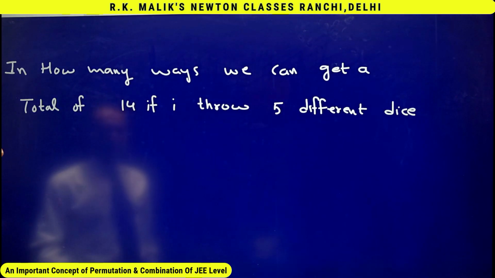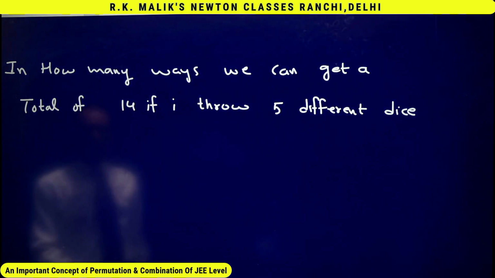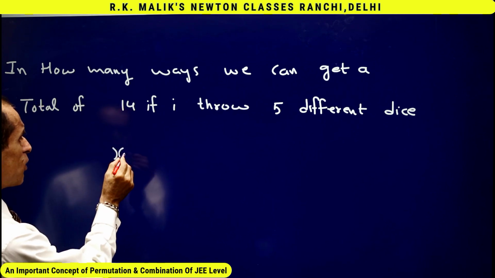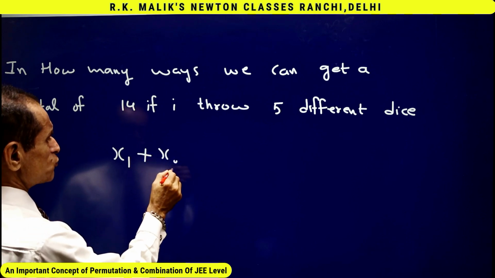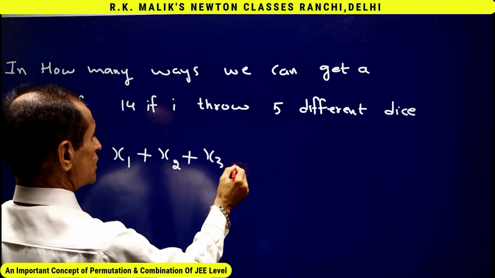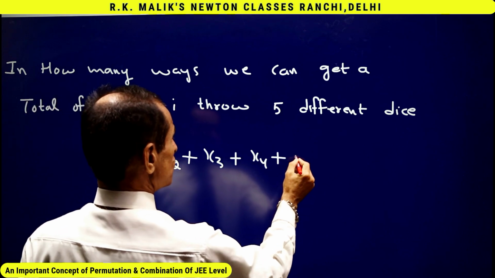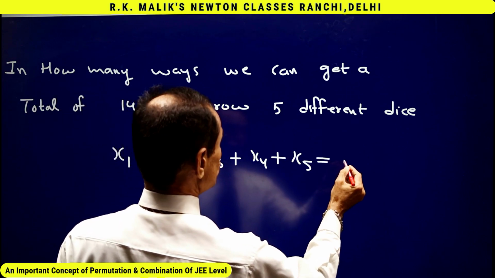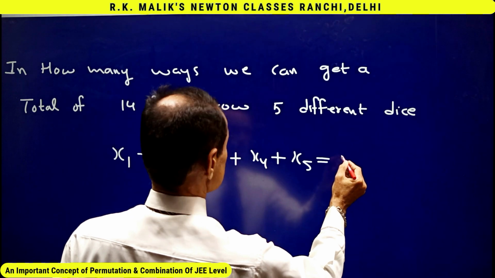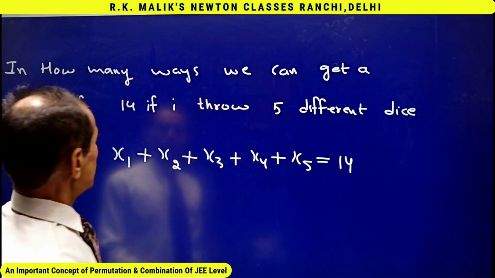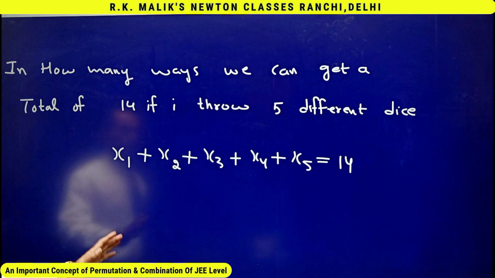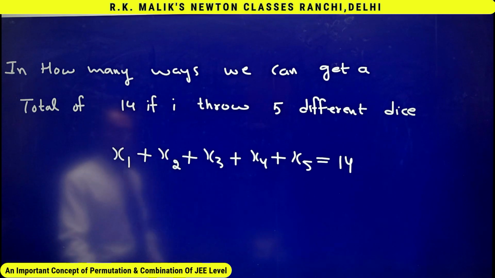Their argument will be, I have to find the number of ways of getting a total of 14 with the help of 5 different dice. They will say, let x1 be the number on the first die, x2 on the second die, third die, fourth die, fifth die, and the total I want is 14, therefore I will write 14 here, and the number of natural solutions of this equation will give the number of ways of getting a total of 14 with 5 dice.